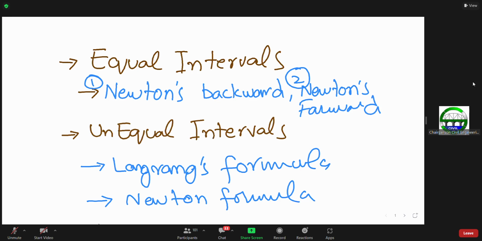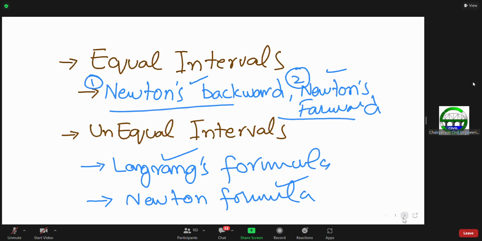We will solve at least 4 numericals today, and we will spend some time to understand these one by one. So we will start our lecture with the Newton backward and Newton forward formulas.